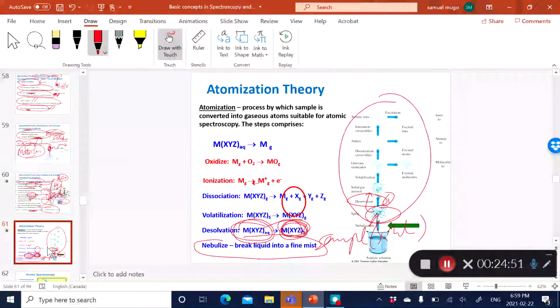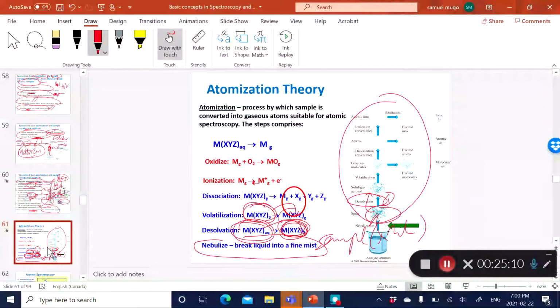And so after that, you're gonna get now the molecule in solid form. The next step is what you refer to as volatilization, where you take the molecule that is in solid form, of course in very, very tiny particles, and then you convert it into gas, of course using very high temperatures.